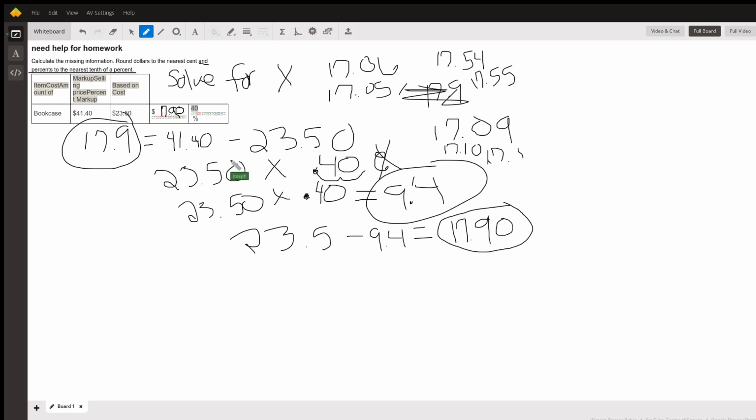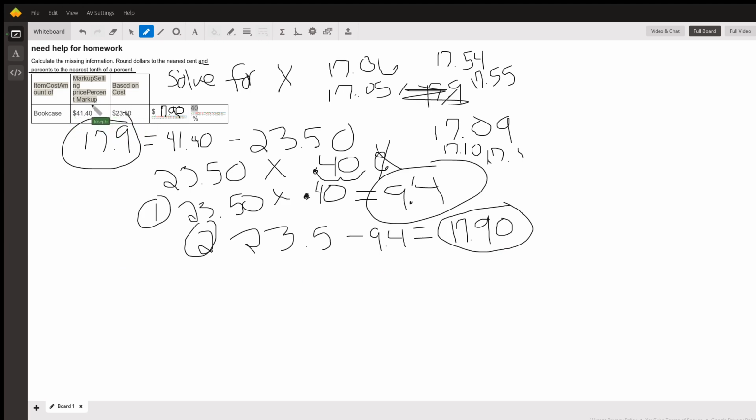This is the first step. And the second step is going 23.50 minus 9.4 and equals 17.90. This number right here is the difference between these two numbers.